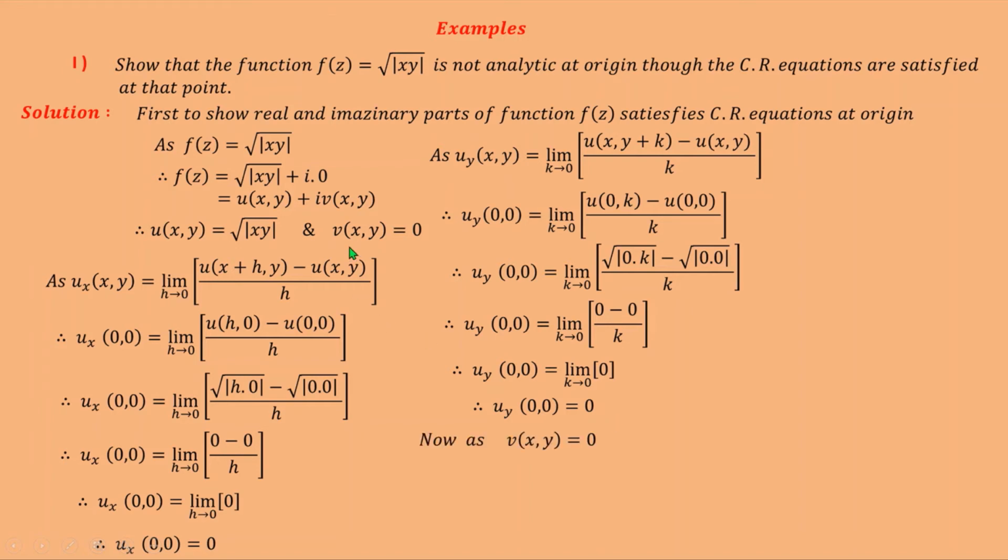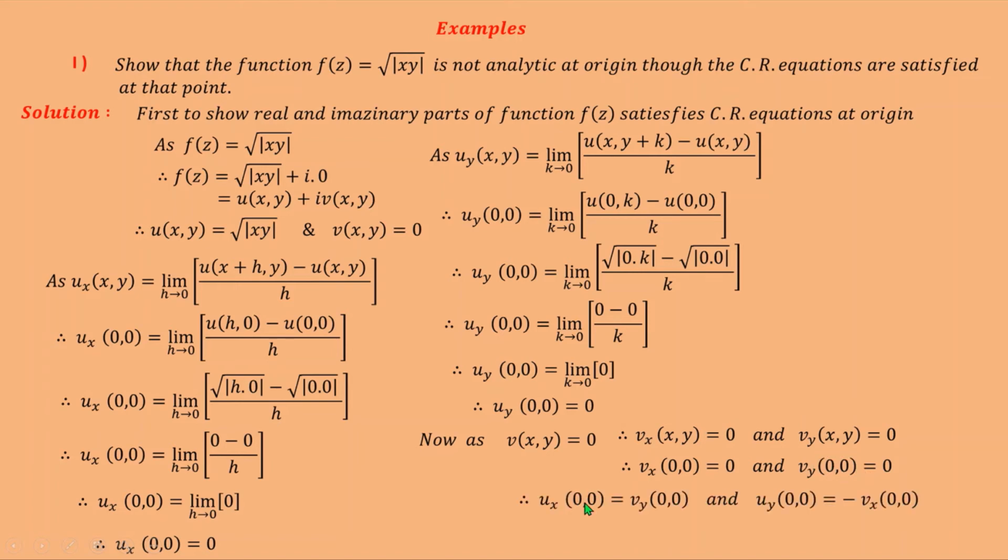Now as v(x,y) is 0, the partial derivative of v with respect to x is 0, and the partial derivative of v with respect to y is also 0. Therefore v_x at (0,0) is 0, put x = 0, y = 0. Similarly, v_y at (0,0) is 0.